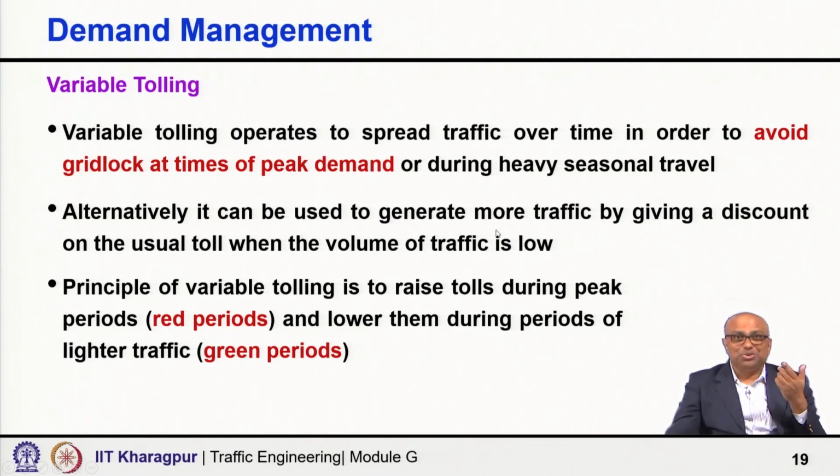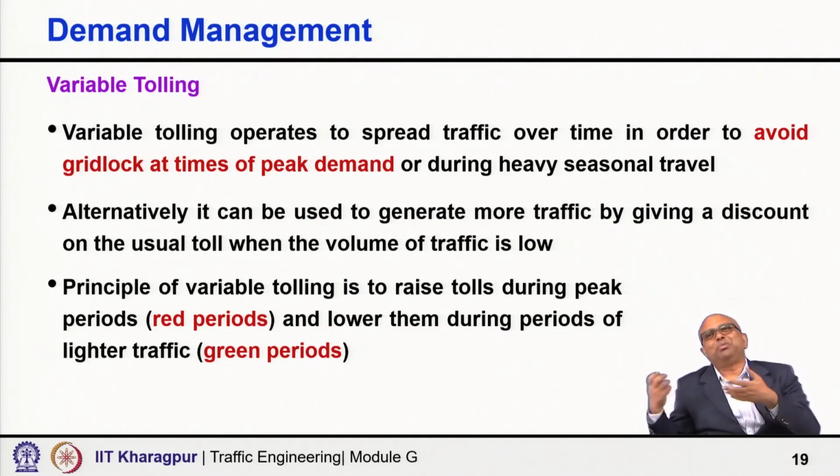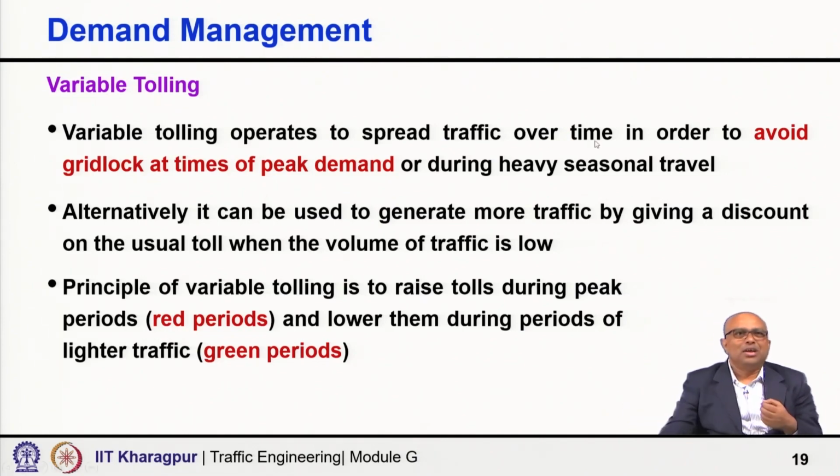Alternatively, it can be used to generate more traffic by giving a discount on the usual toll when the volume of traffic is low. So, either you charge extra during the peak hour, or whatever you charge normally, give some incentive during the off peak hour. So, both ways you encourage people to go to off peak hour.